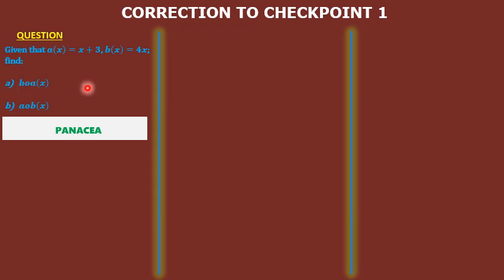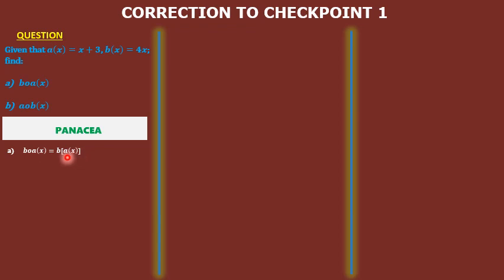In that case, we have b of a of x equals b into a of x. This is another way of writing it. And I want to believe from our knowledge of polynomial, you are more familiar with this method of writing it, but they actually mean the same thing.